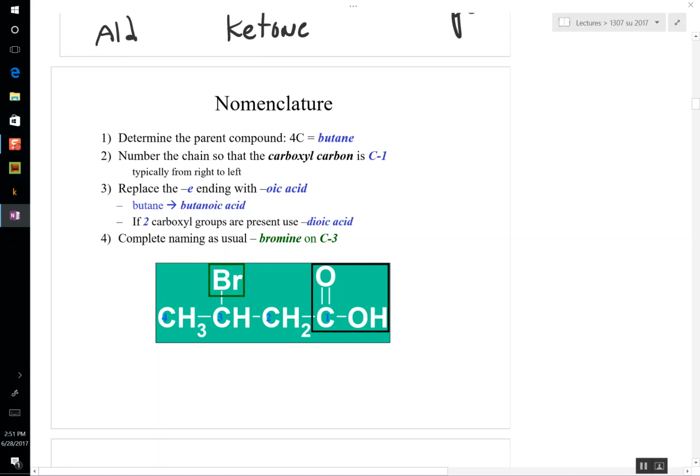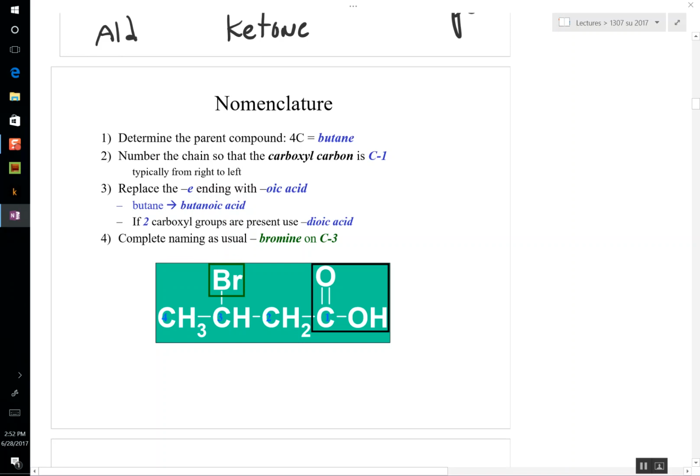This is going to be carbon number 1, 2, 3, 4. So it's 4 carbons long, so you would think of butane, but this isn't butane, it's a carboxylic acid, so we're going to drop the E and add OIC, and we get butanoic acid.